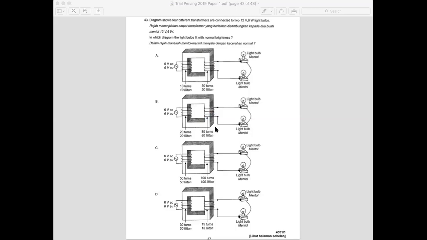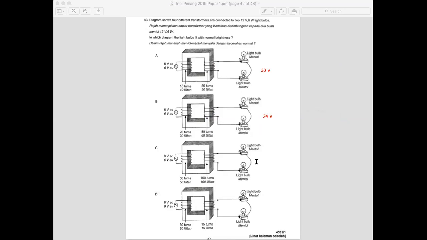Vs for A is 6 volt times 5, because Ns over Np is 50 over 10, so 5 times, which is 30 volt. For B, Vs is 80 divided by 20, 4 times, so 4 times 6 is 24 volt.